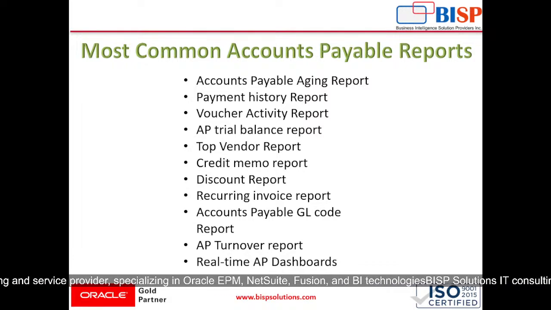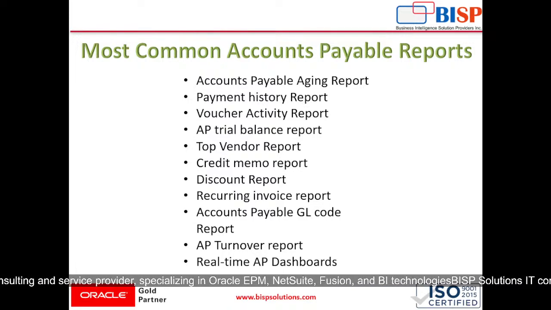The AP trial balance shows the debit and credit for each GL account. It can be used to ensure the accounts balance and that expenses have been coded correctly. So this is the use of the accounts payable trial balance report.